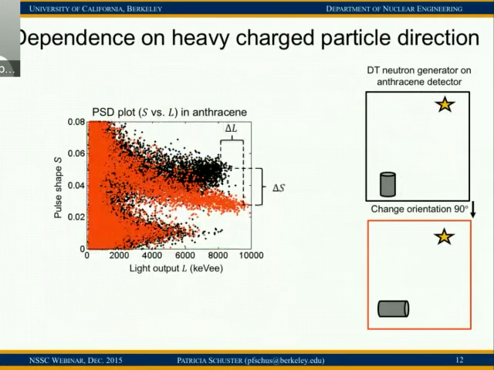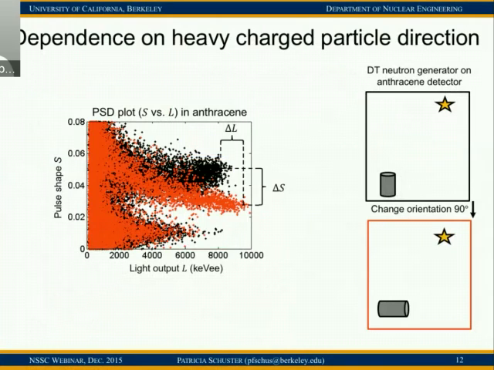There's a change in the light output at the endpoint and in the pulse shape at that endpoint. So something about this direction of interaction is producing more light and a different amount of light in the delayed region. Interestingly, you don't see a significant change in the gamma ray band. So at this point, it looks like it only affects neutron interactions.